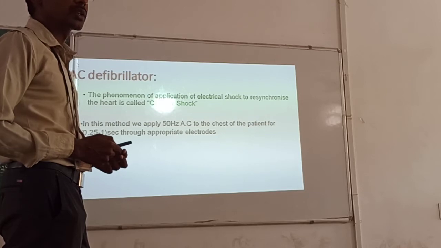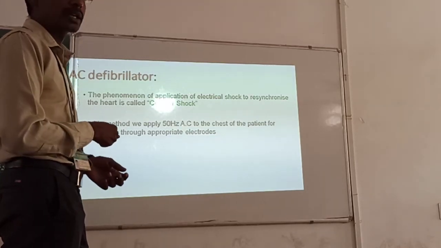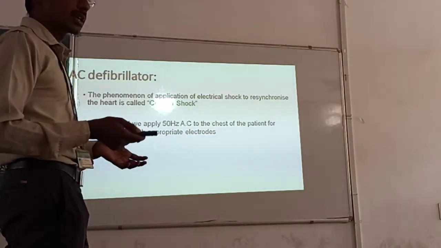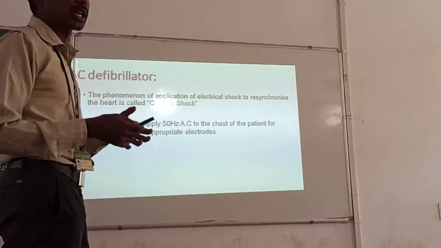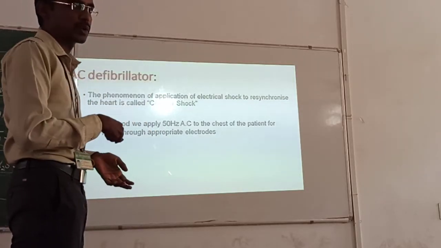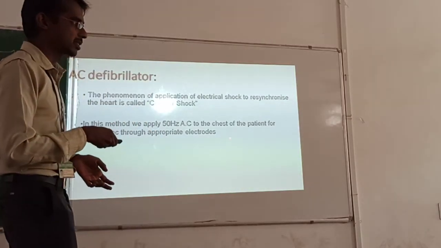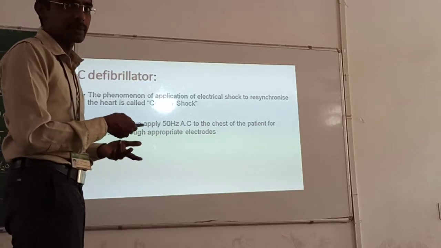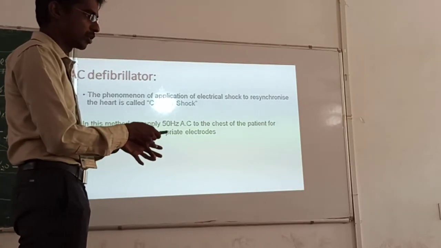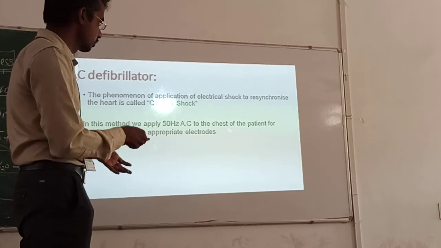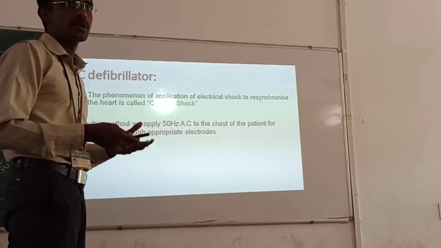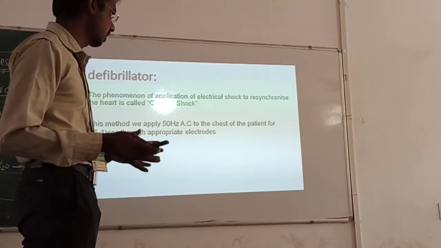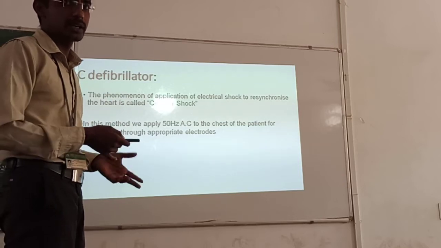It is zero frequency, so frequency does not matter. Only the potential is taken as a shock. Everything in the heart works in microvolts and millivolts, from minus 90 millivolt to plus 30 millivolt. Suddenly you give it 400 volts, or 230 to 400 volts. That gives a shock, and that can reset the heart. This is only a possibility, not always.